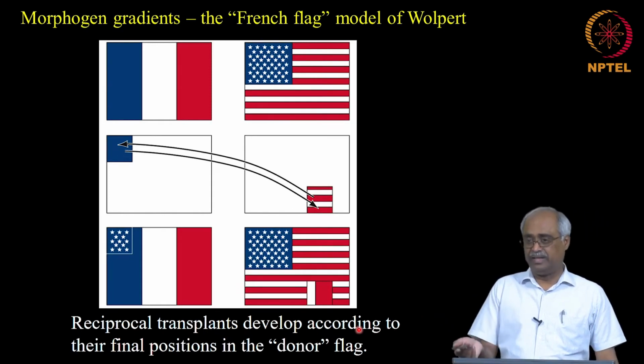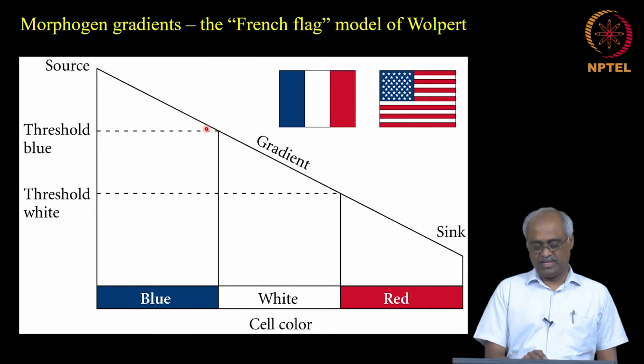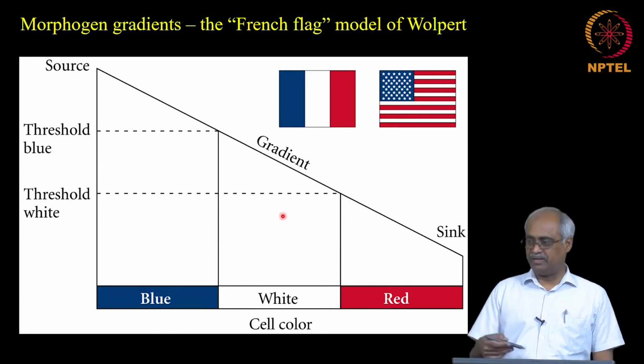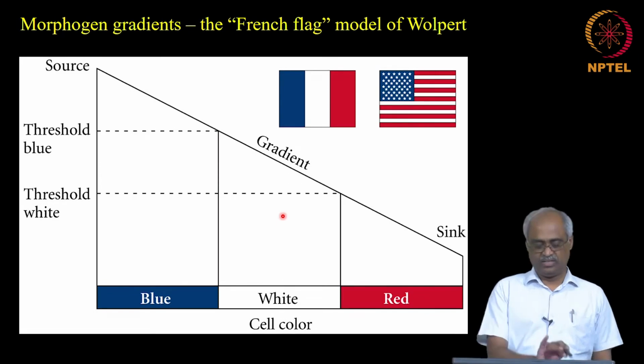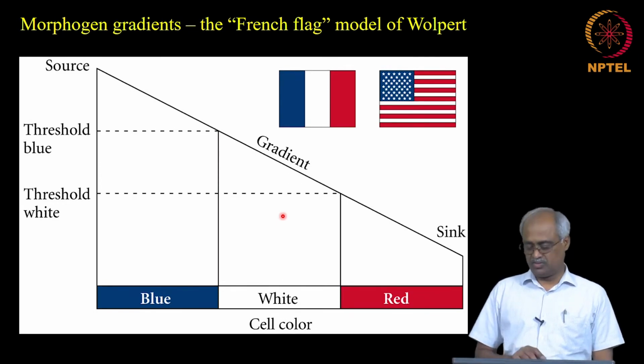You are not relating to anything else, it is the actual value. So for example, this is the threshold. So above the threshold, yes, it is a range. So from here to here it is going to be white. So you are not comparing relative to anything else, it is that particular morphogen, its concentration. The actual concentration will matter.